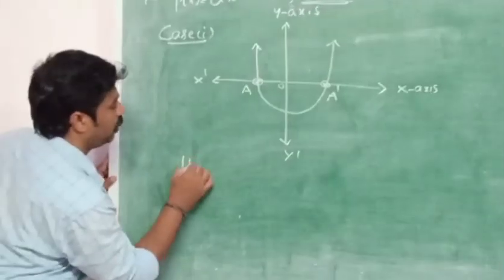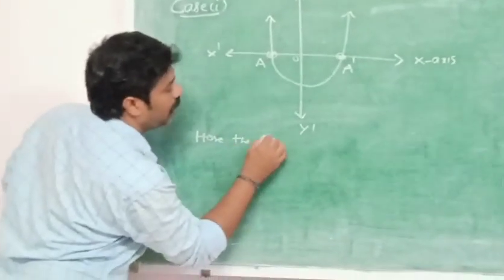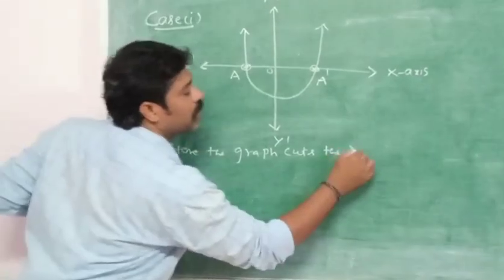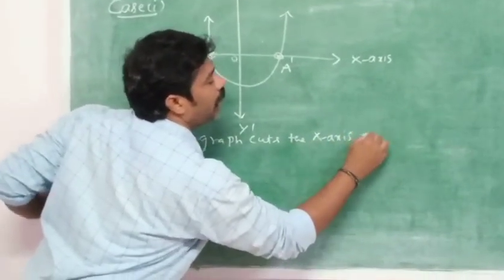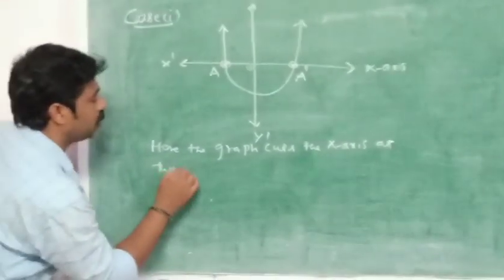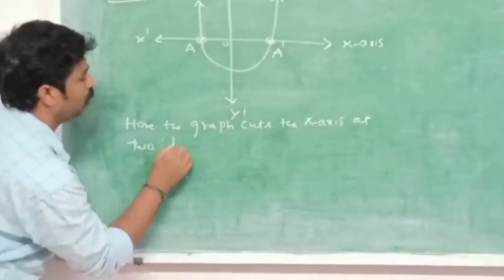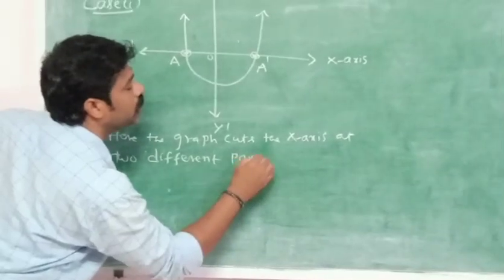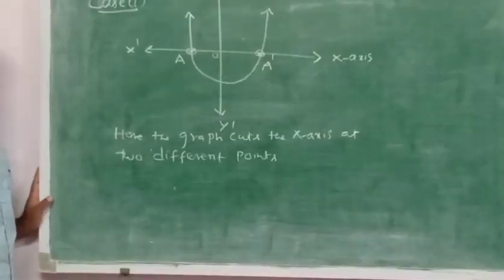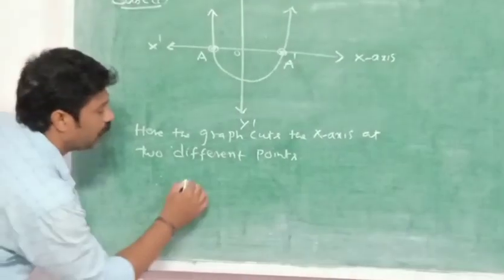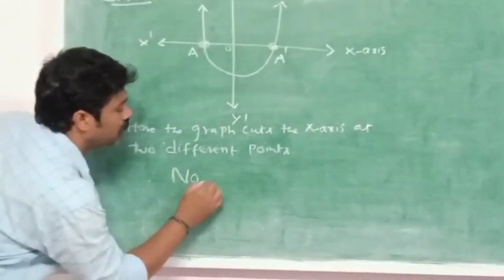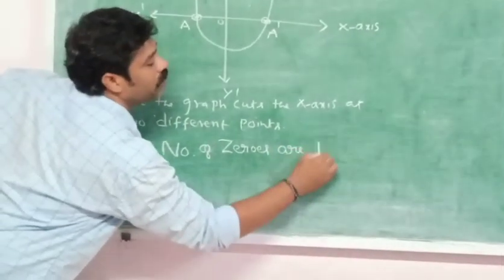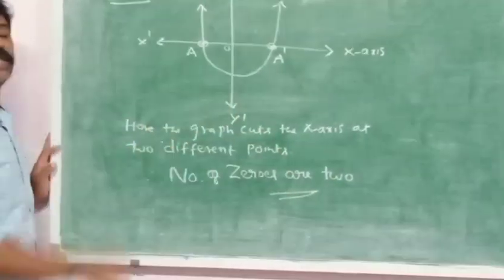So the number of zeros is 2. We will get 2 zeros.